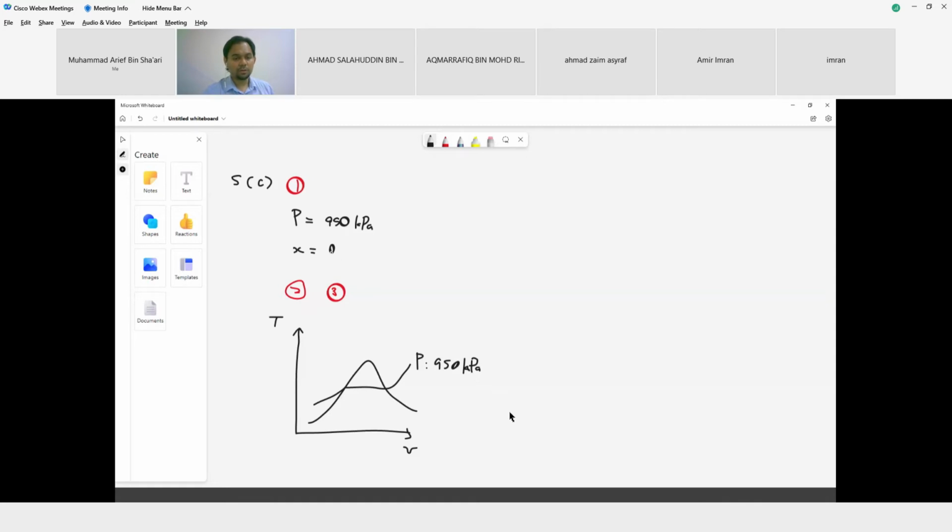Okay, X is 0. So as what I explained at the early of this session. Okay, at this point, the X is 0, right? Here X is equal to 1. So the given X is 0, therefore the location of the point of the substance, the phase is here.